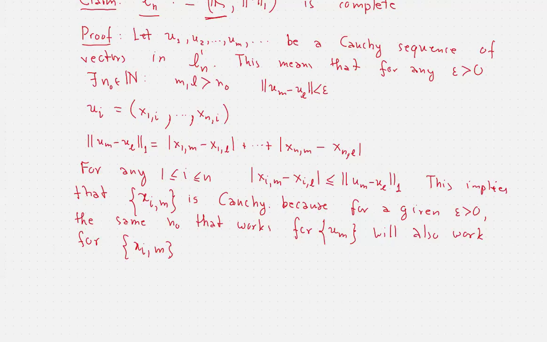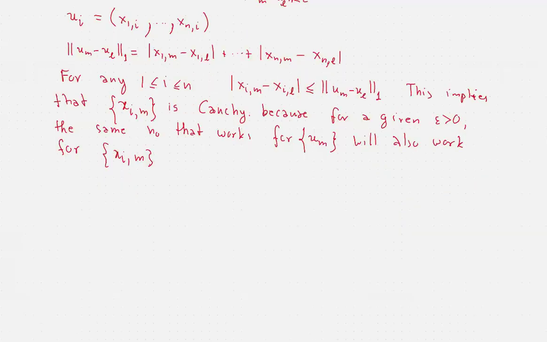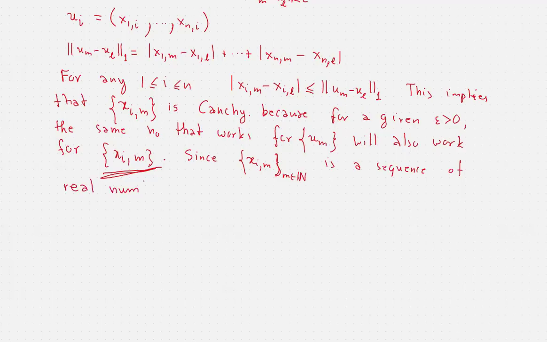So exactly because this sequence xi,m, with respect to m, is a sequence of real numbers, is not any sequence, it's a Cauchy sequence of real numbers, it converges, right?